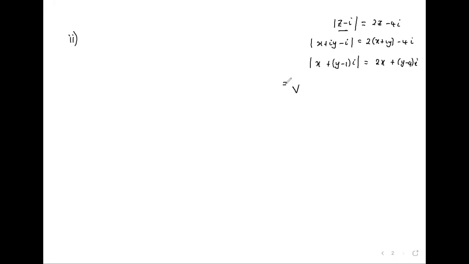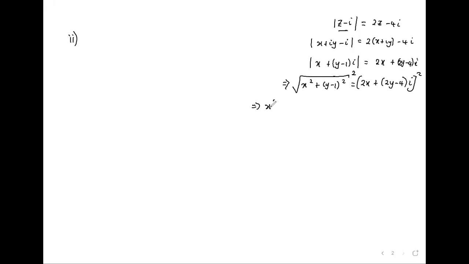So this is the square root by definition of x squared plus y minus 1 squared. And 2y in the bracket. So this is equal to 2x plus 2y minus 4i. And then we square this side. We also have to square the other side.